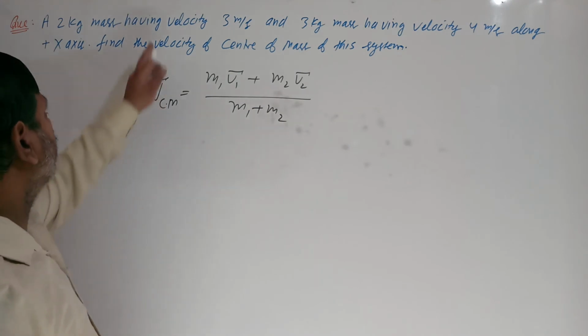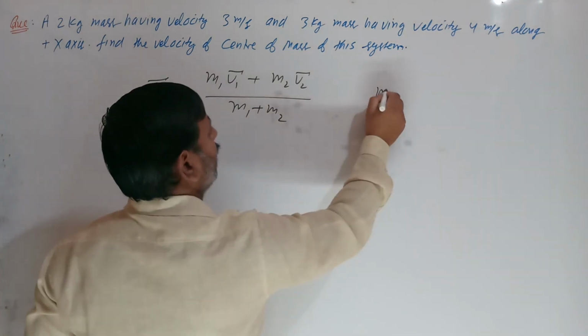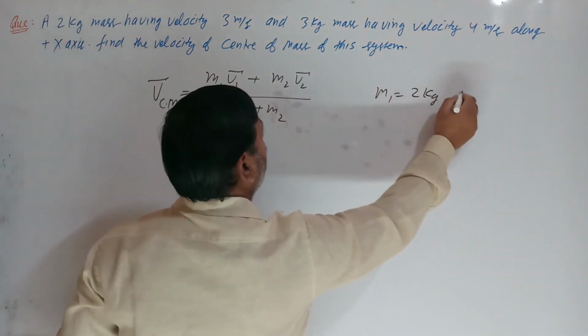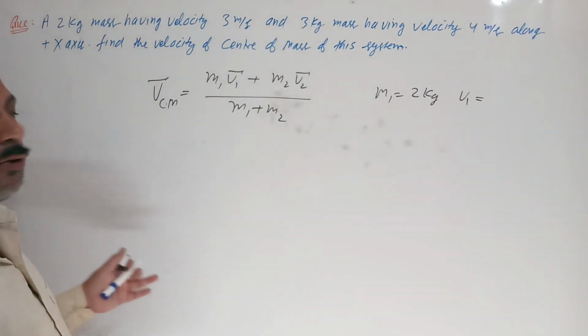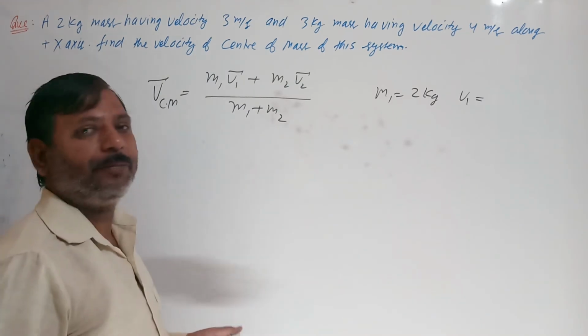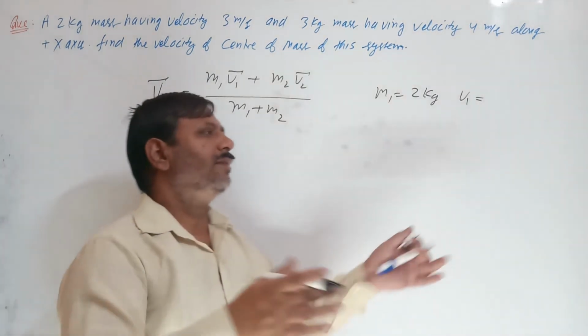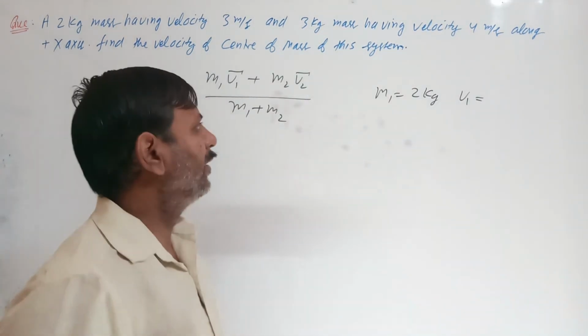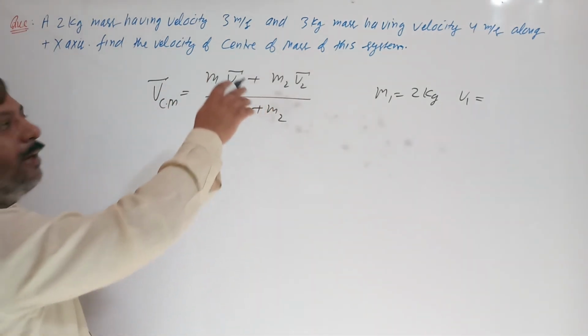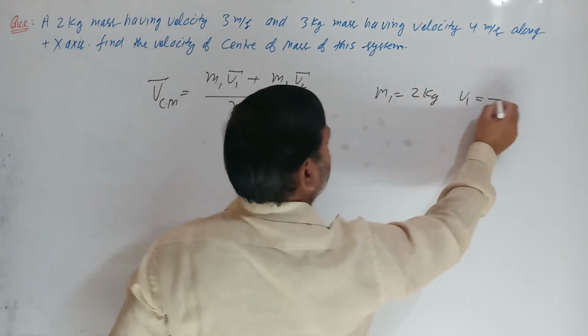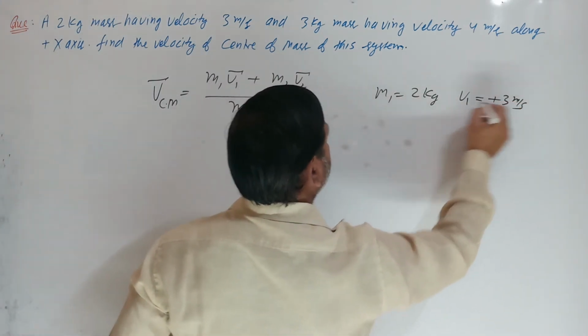So here mass m1 is 2 kg and their velocities, both are along the positive direction of the x-axis. So we do not consider direction, we only say plus 3 meter per second.